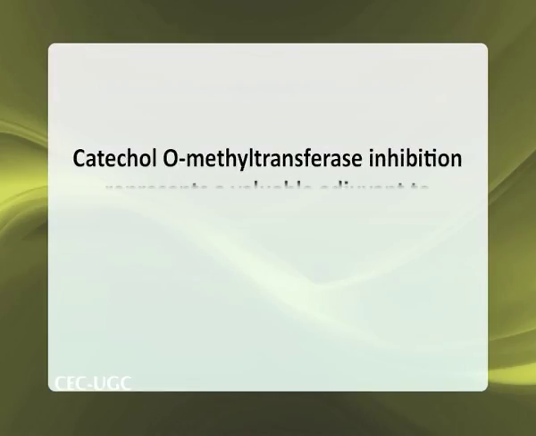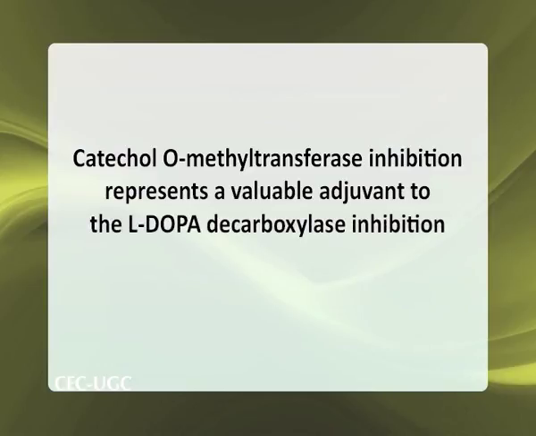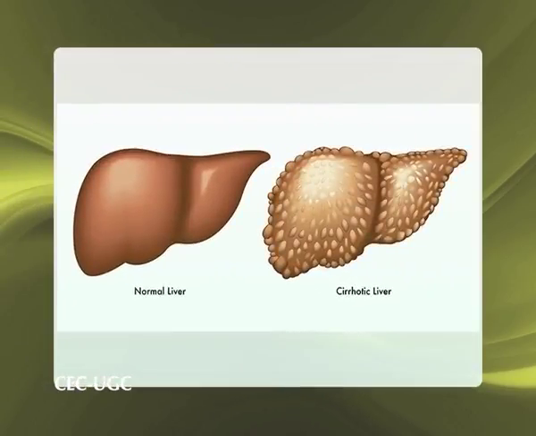Catechol O-methyl transferase inhibition represents therefore a valuable adjuvant to the L-DOPA decarboxylase inhibition. Unfortunately, tolcapone exhibited severe liver damage and had to be removed from the market. The corresponding analogue entacapone is devoid of this side effect.